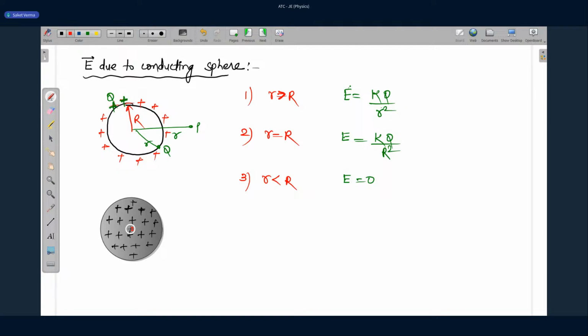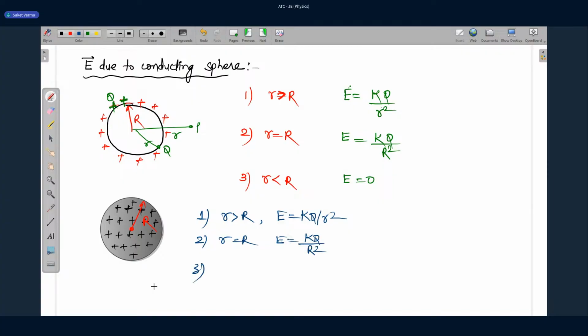Okay, so from this center, suppose the radius of this non-conducting sphere is capital R. In the same three cases, for r greater than R, the electric field is the same, there is no difference: kq by r square. Then for r equal to R, there is no difference, so kq by capital R square.